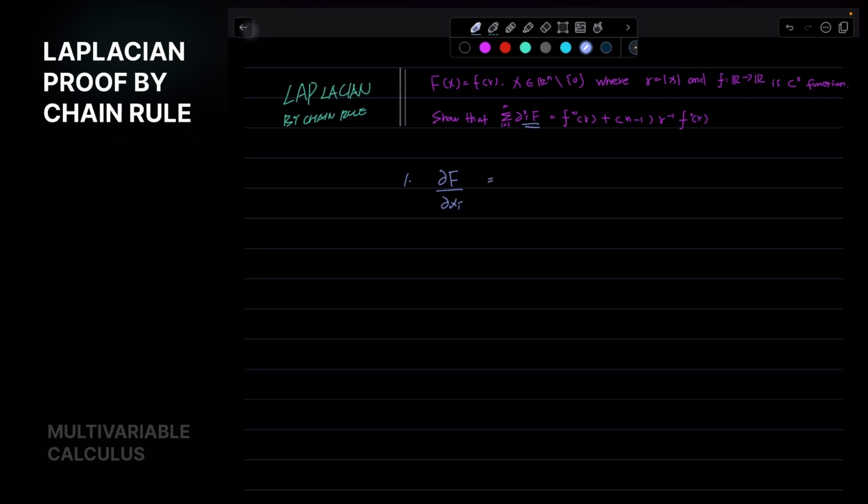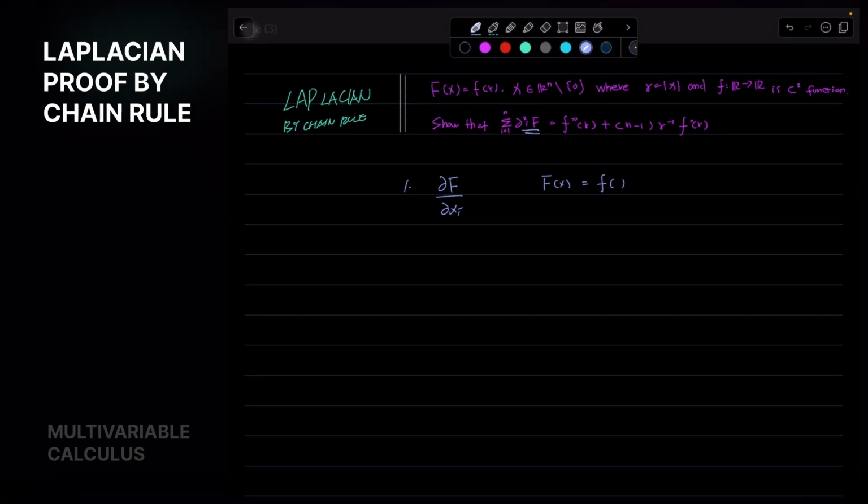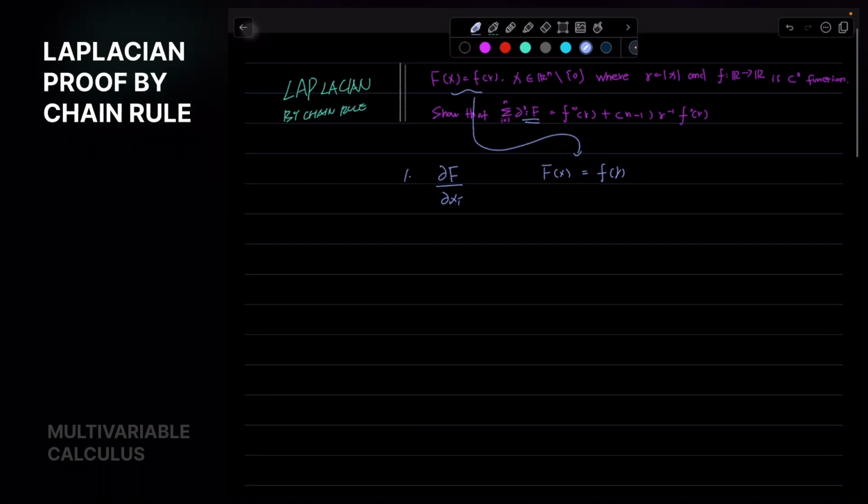First step is that we need to realize that f_x is actually f_r, as the question indicated. So we take the partial derivative with respect to x.